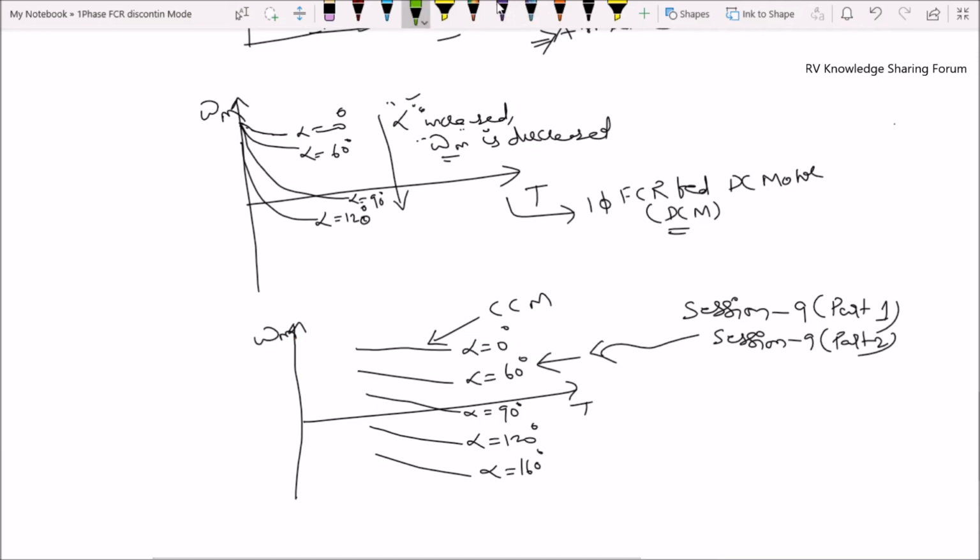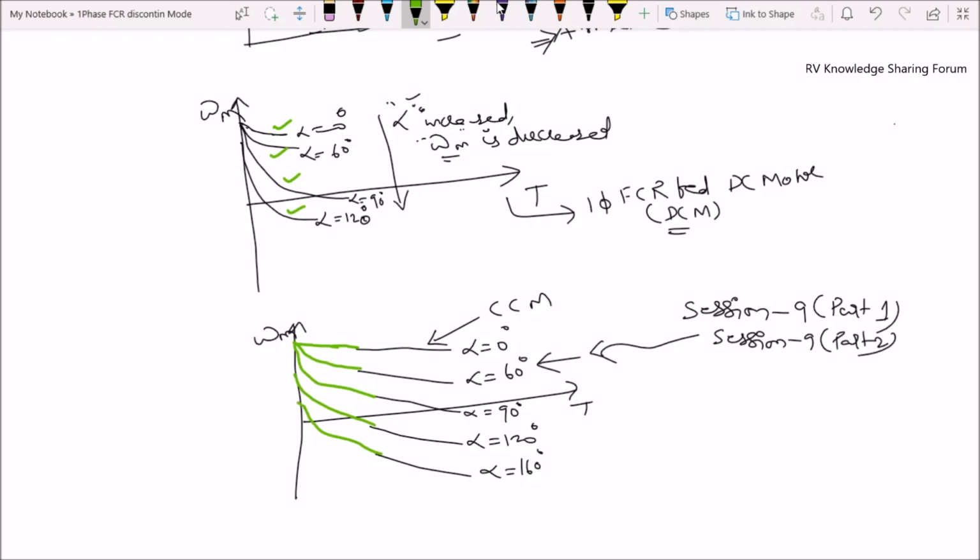This is our discontinuous conduction mode, which we got from here, for alpha equal to 0, alpha equal to 60, alpha equal to 90, alpha equal to 120, alpha equal to 160 and so on.